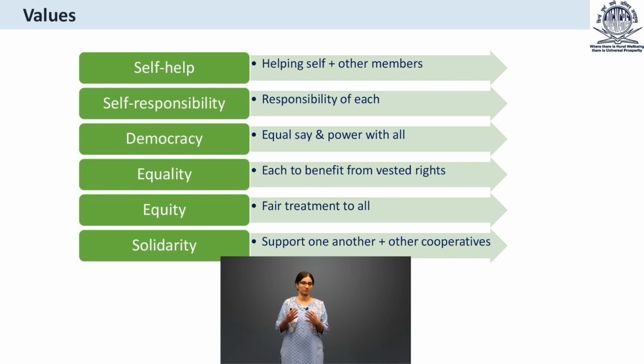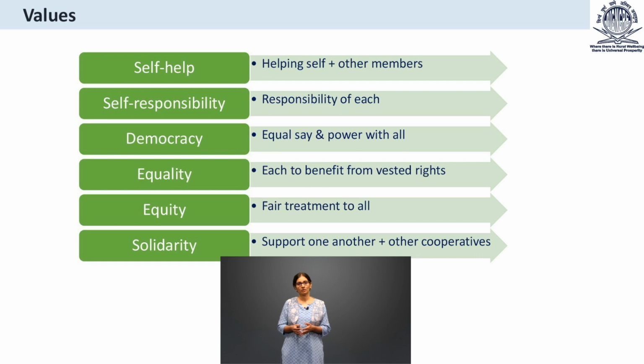Third, democracy, which means that no one individual member holds more power than the others. Members choose their representatives by way of voting, which is that each individual has one vote and everyone has a say in decisions. Equality. Each member should benefit from the same rights based on their level of contribution.